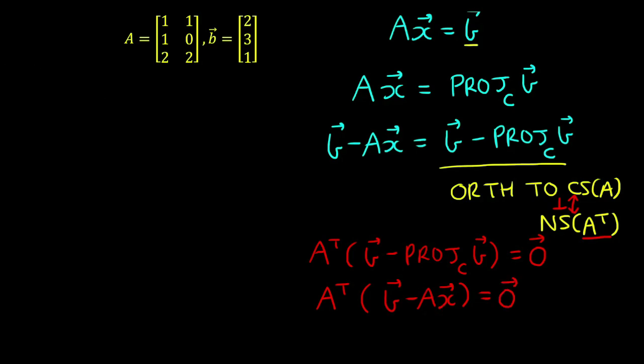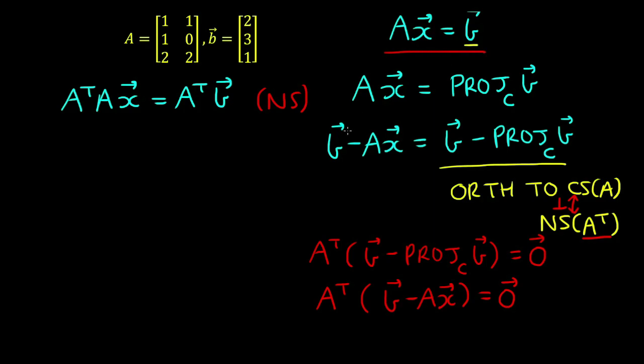And then solving this equation, we obtain A transpose A x is equal to A transpose B. So this is called the normal system associated with this linear system.